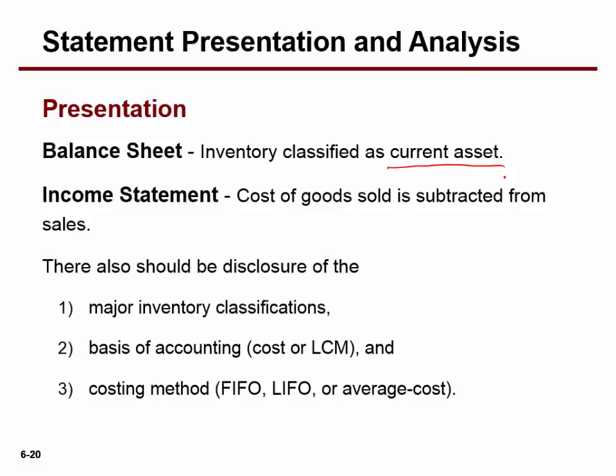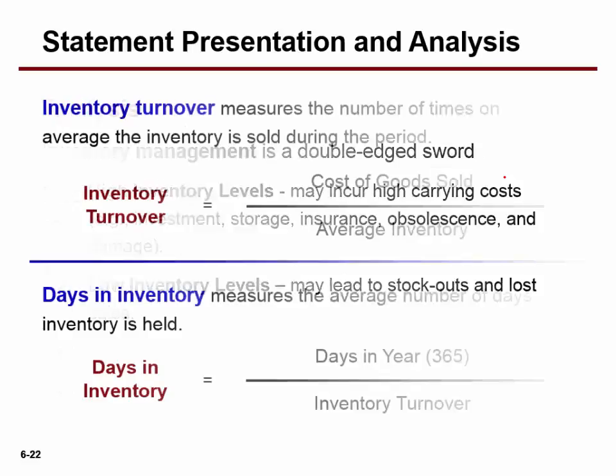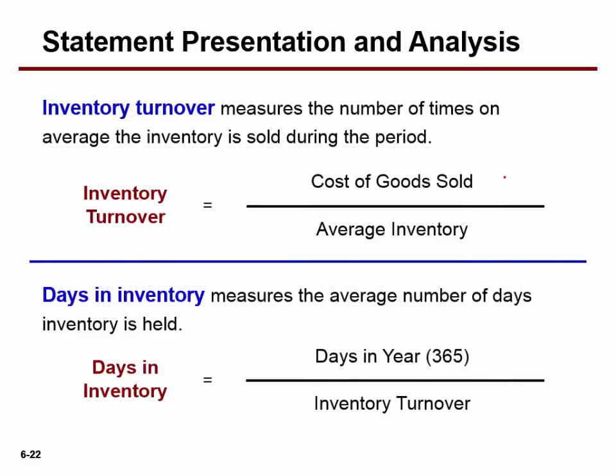Okay, good. Now we come over and let's do an analysis here of inventory. Let's say you want to know if a company is able to sell its inventory. Well, you might want to figure out how many days an item stays in inventory.